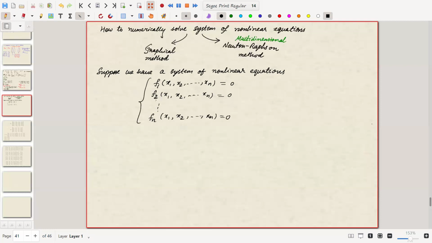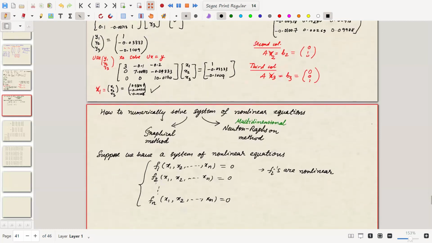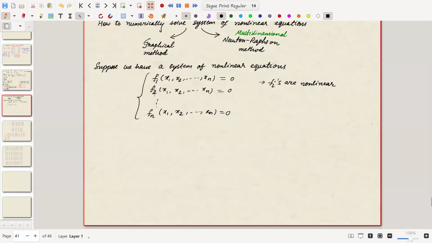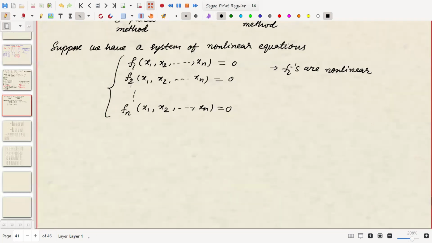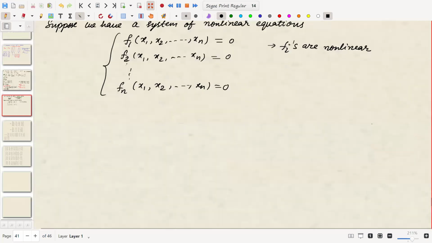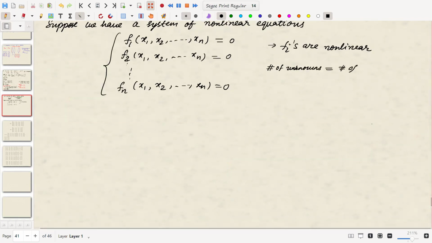A system of nonlinear equations where the fi's are nonlinear. One good thing is the number of unknowns equals the number of equations.